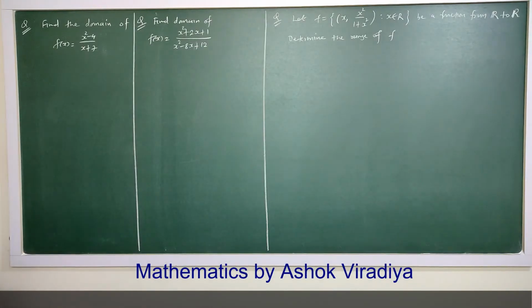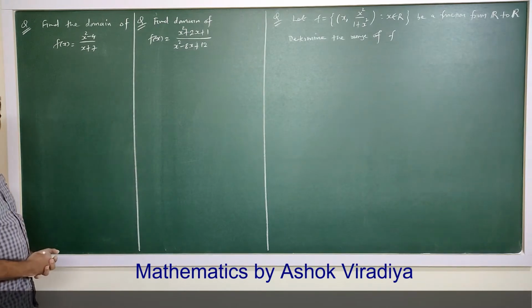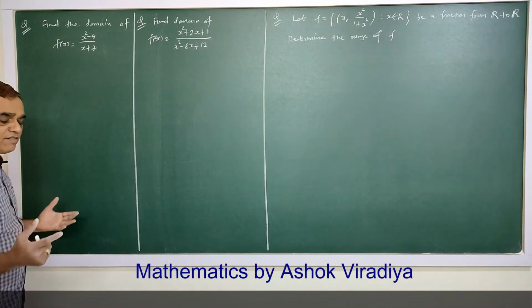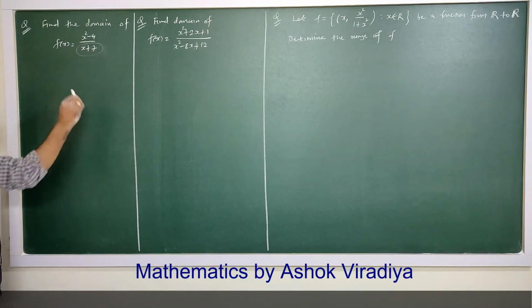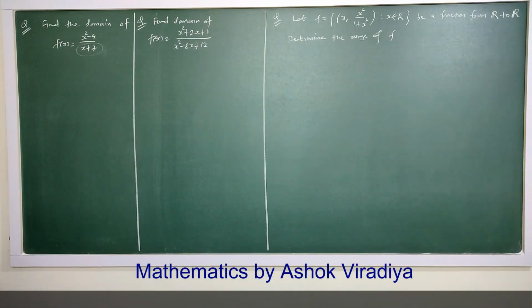Now next question, find the domain of this function. This is a rational function. A rational function is defined if the denominator is non-zero. In this formula there is a denominator.